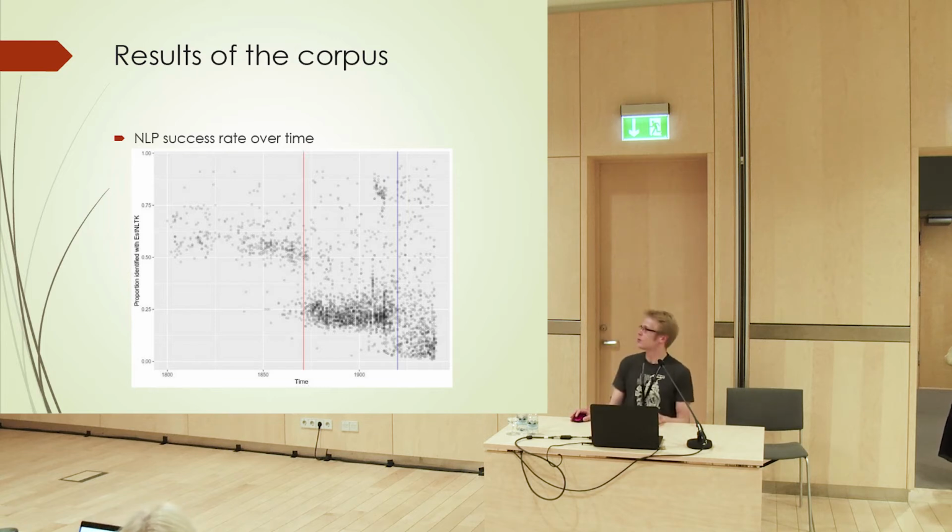The light is not very good for this plot, but it portrays the lemmatization success of the algorithm on all these texts, over time from 1800 to 1940. Each point here is a book or a text.